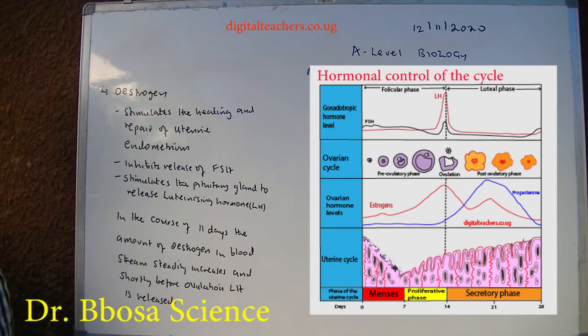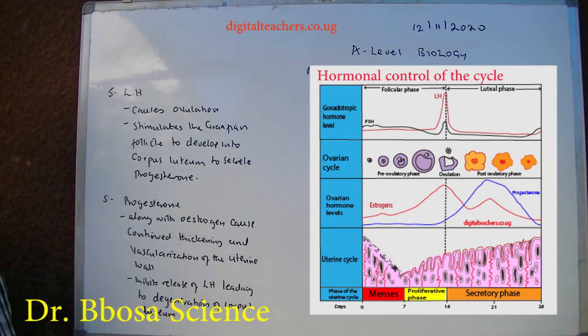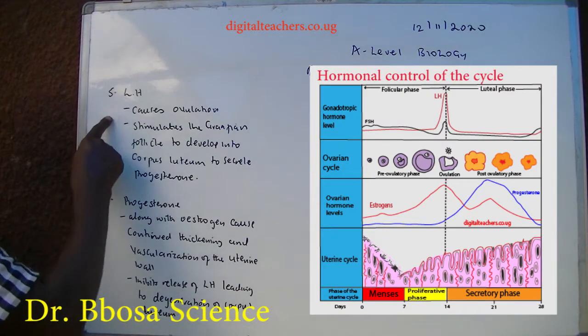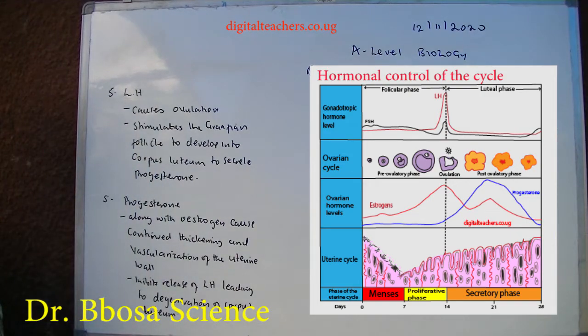In the course of 11 days, the amount of estrogen in the bloodstream steadily increases, and shortly before ovulation, luteinizing hormone is released. Number 5, luteinizing hormone causes ovulation.